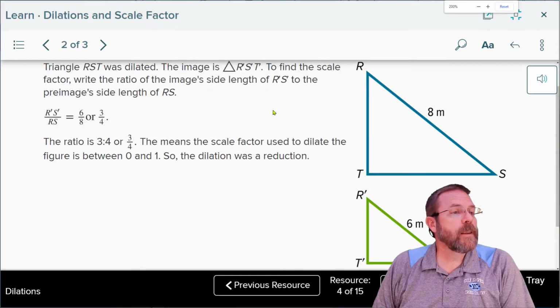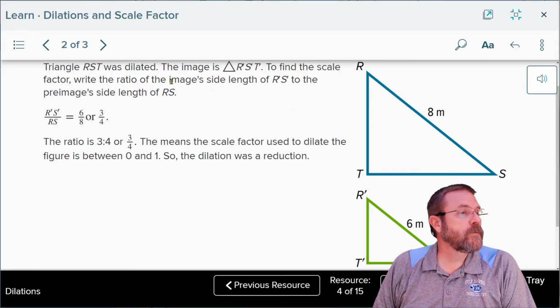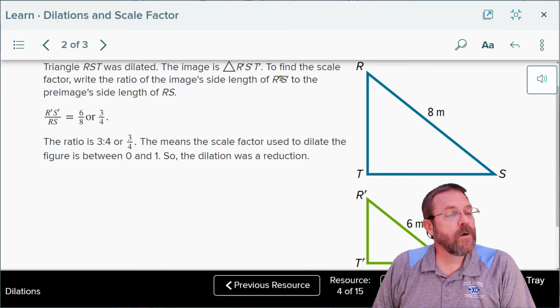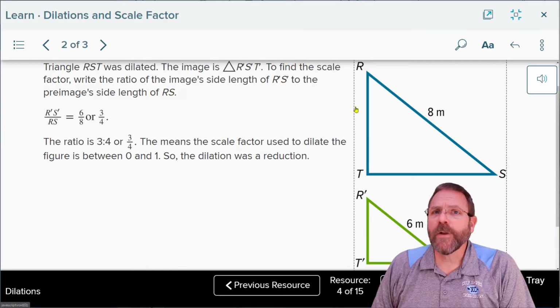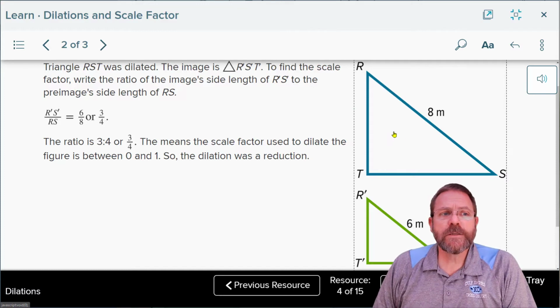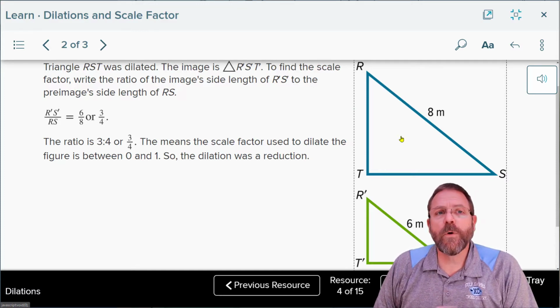We're going to zoom back in over here, and we're going to say to find the scale factor, or the ratio of the image's side length, side R prime S prime, to the pre-image's side length of R and S. I should point out, it doesn't matter which sides you pick as long as you're using what we call corresponding sides, meaning they have to be in the same relative position in the two drawings.